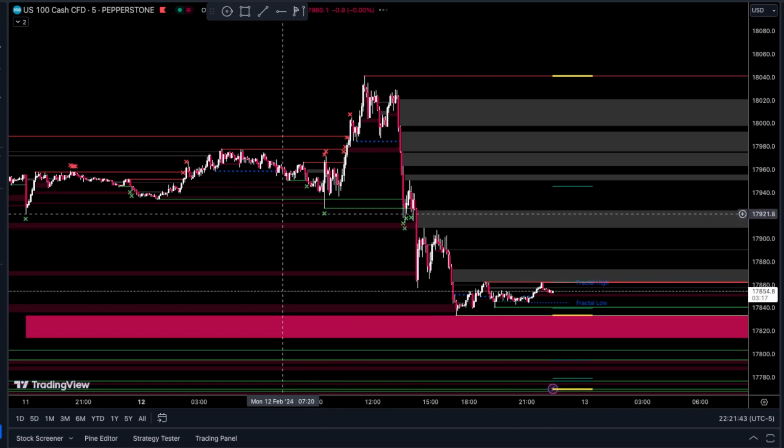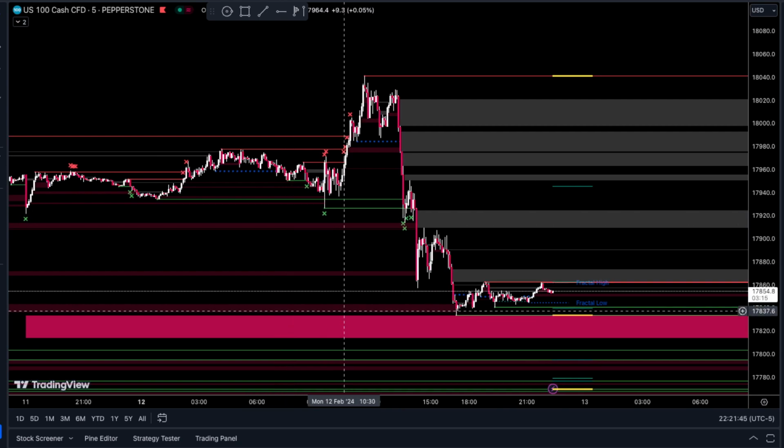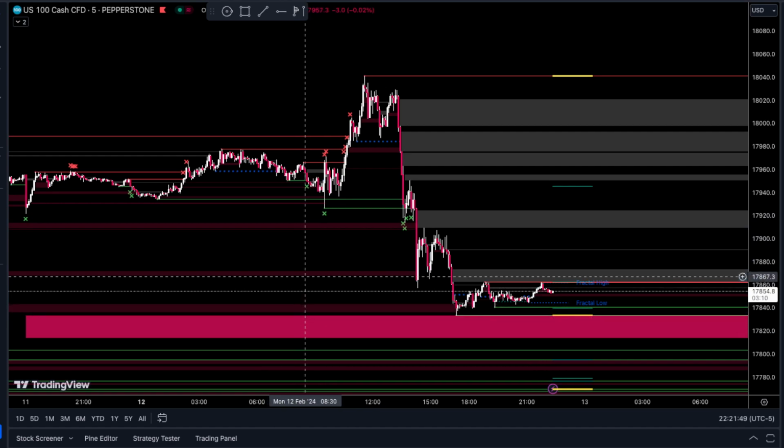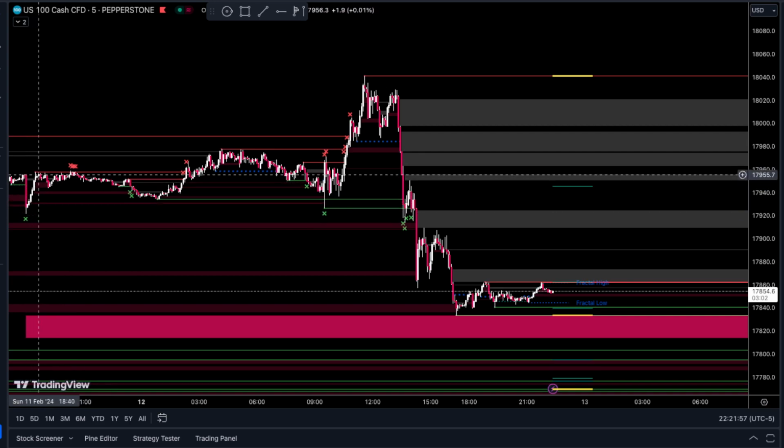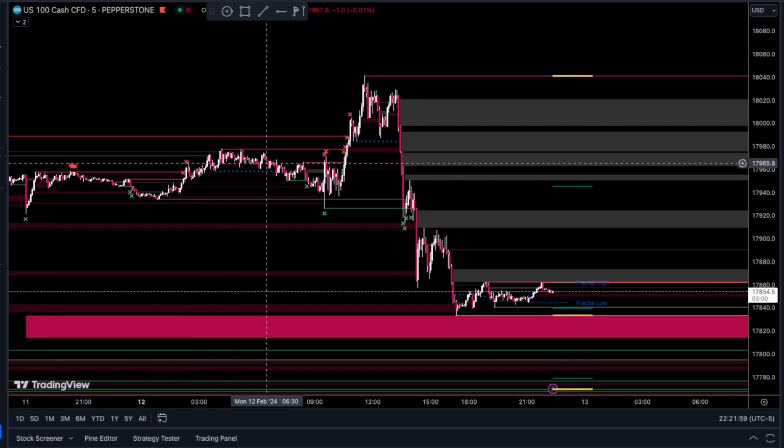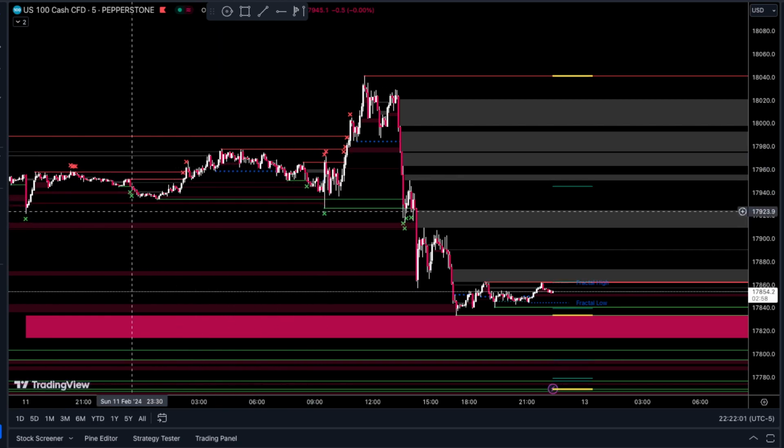This red zone was up to here, and I was expecting price to dip into that. That's a daily imbalance. That's what was left behind on Friday, and it got traveled into here, and it was up to here, and then it rejected, right? And then subsequently respected, right?